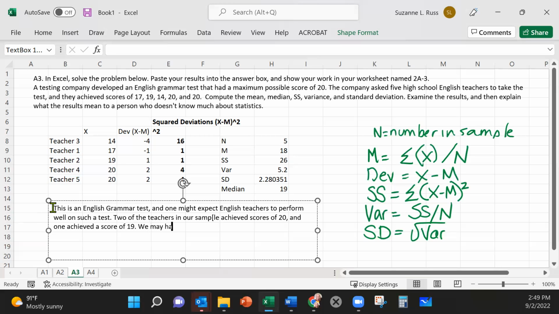We may have what is called a ceiling effect in our data set.